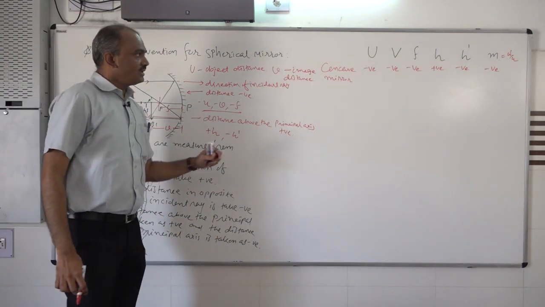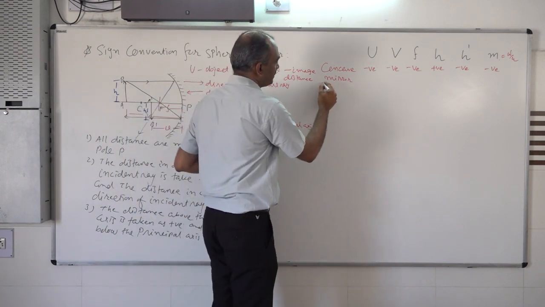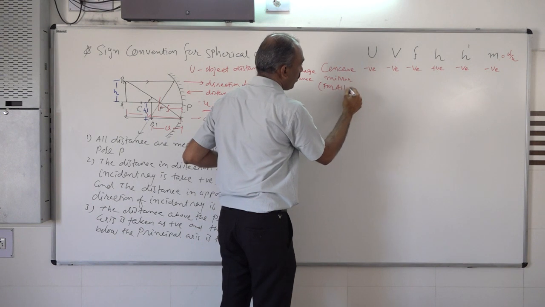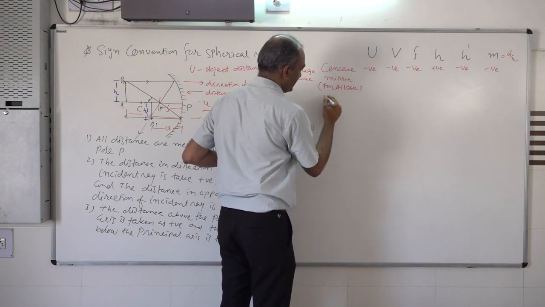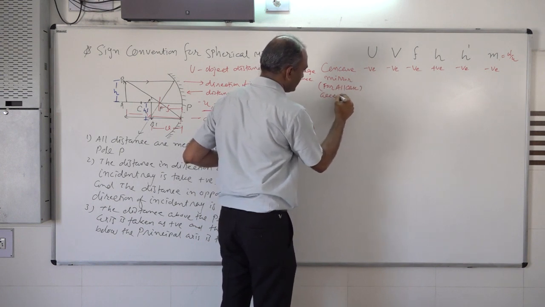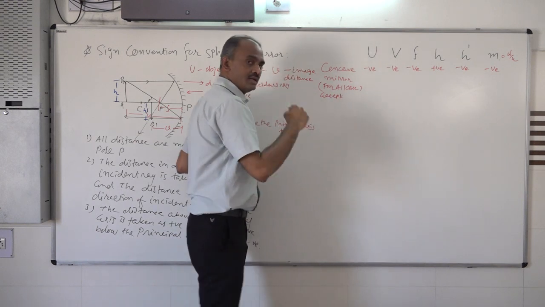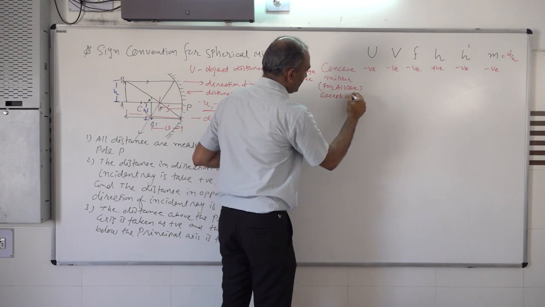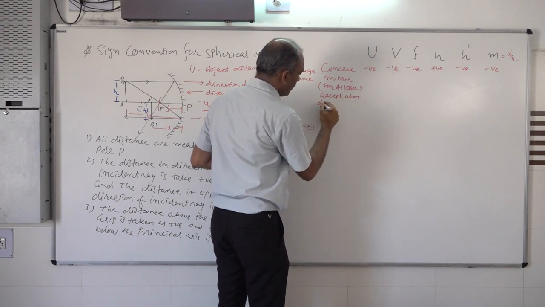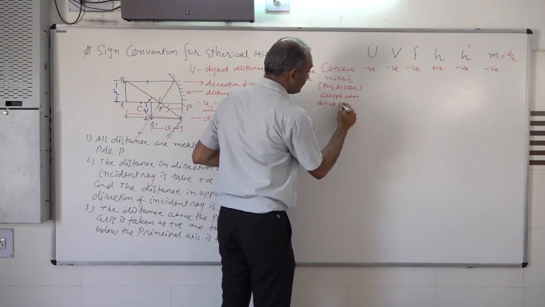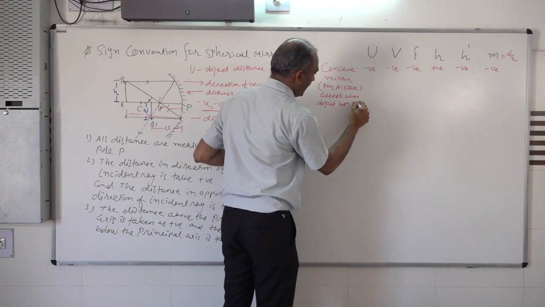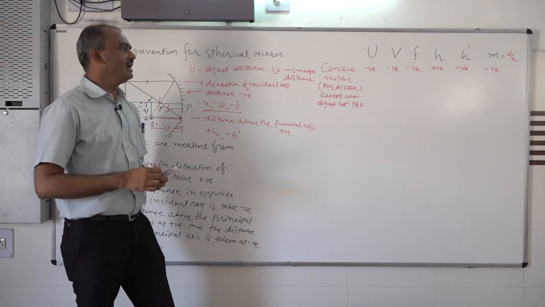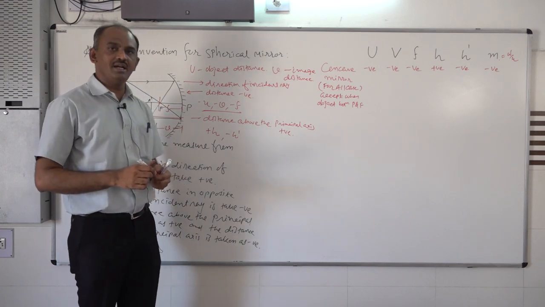So for the concave mirror, this holds for all cases except when the object is between P and F. बाकी सारे केस के लिए ये होगा, जब ऑब्जेक्ट बिटवीन P एंड F होगा तब क्या होगा?